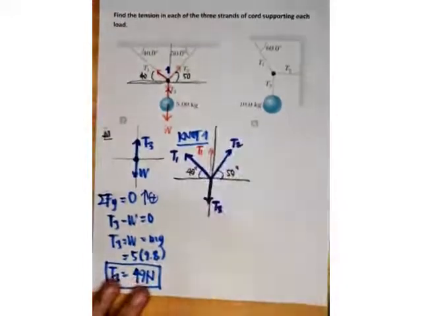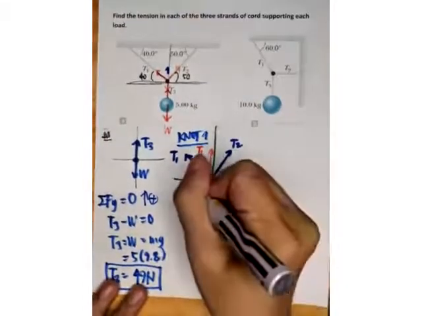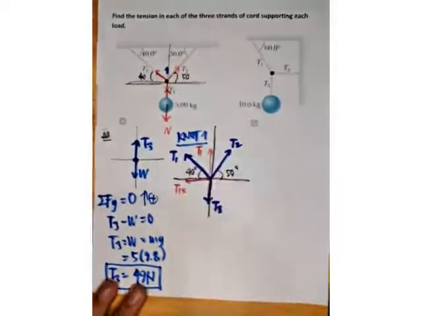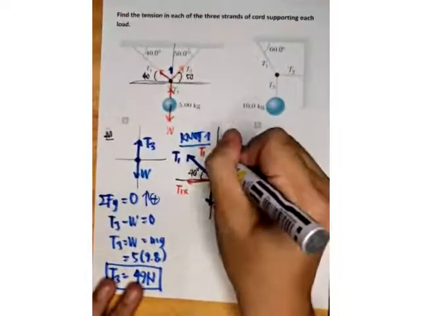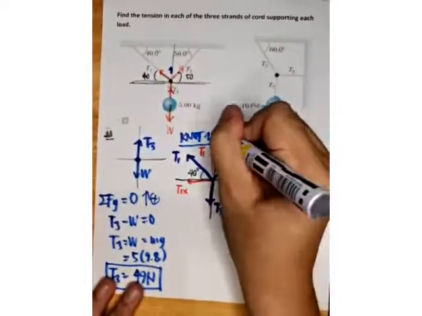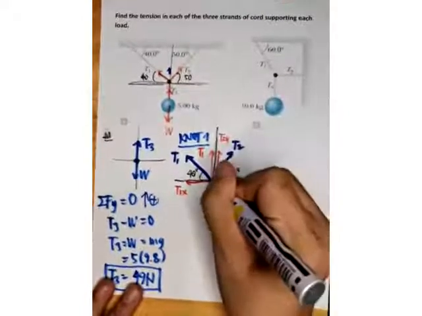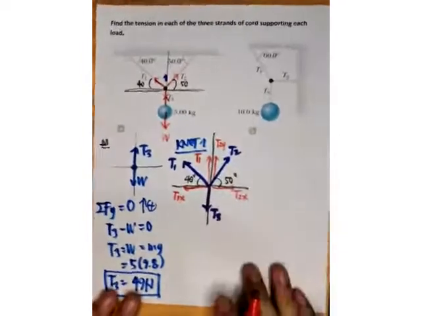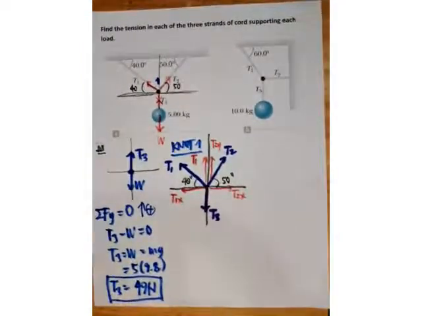Yung T1Y. Okay, and meron din tayo dito T1X. Okay? And at the same time, yung sa taas, para dito ay T2Y. At nandito naman yung T2X.